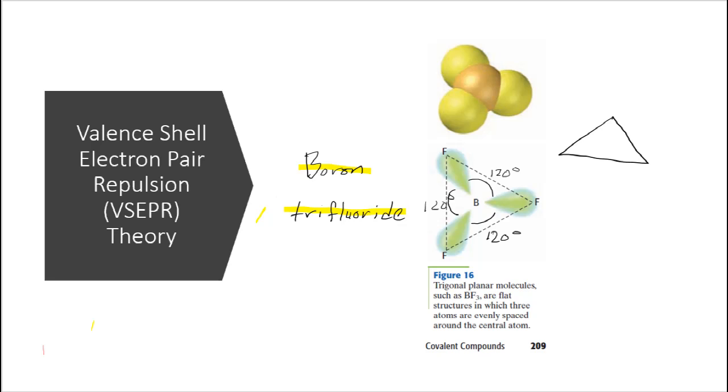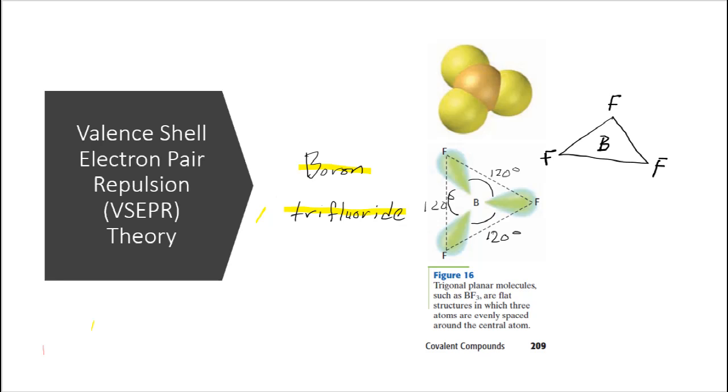Here's another example, boron trifluoride. Notice that it's got the boron in the center and the fluorines are stuck on the outside in a triangle arrangement. So we have the boron in the center and then the fluorines out here.